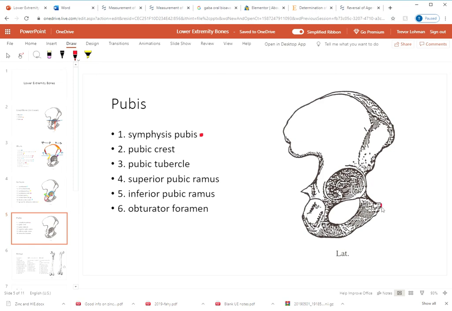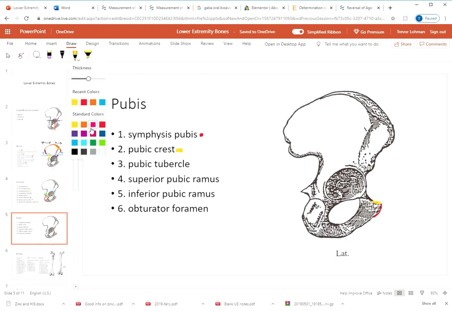So I'm just going to draw a line here, but really you could only see it from that other side. We'll get a great look of it at the model, so don't worry. This next structure as well, actually several of these will be better served looking at the model, but it's just on top here. It's called the pubic crest.